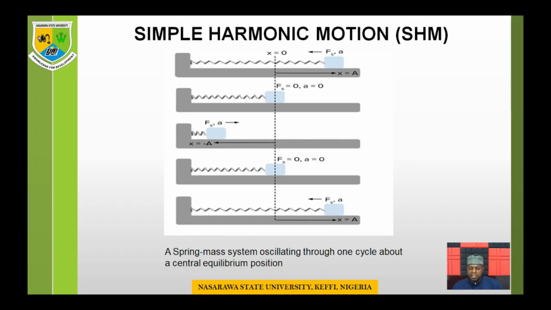Now the spring is pressed, forced to go against itself. At that point, x is negative A, and F is also there because of the application of the force that forces it to compress. In this case, it's not extending, but compressing, and as it's compressing, it will also want to force itself to go back to the original position.